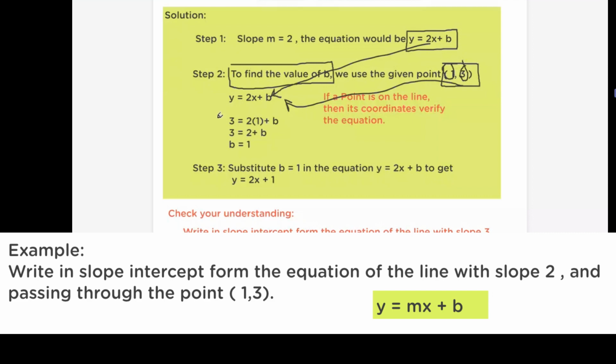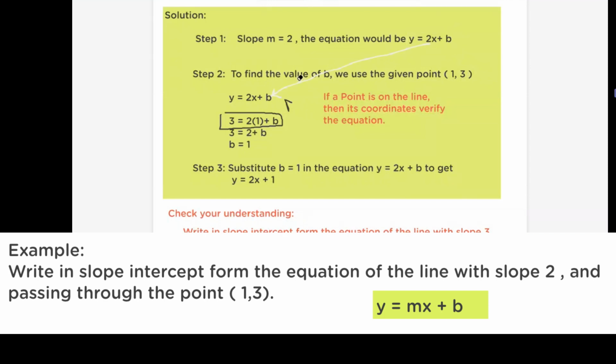Can you see? This is exactly your equation, y equals 2x plus b, but instead of y, I put 3. Instead of x, I put what? 1. We call this substitution. Substituting with the coordinates of the point, x and y. Remember, this is x.